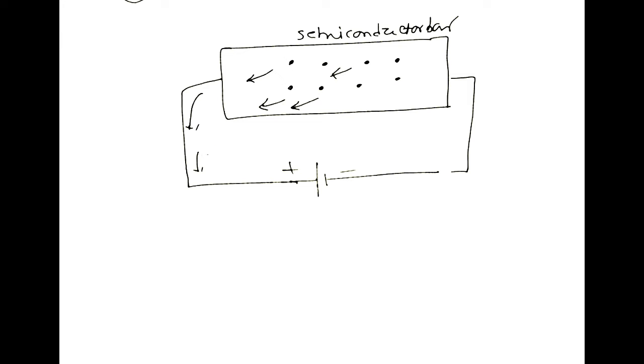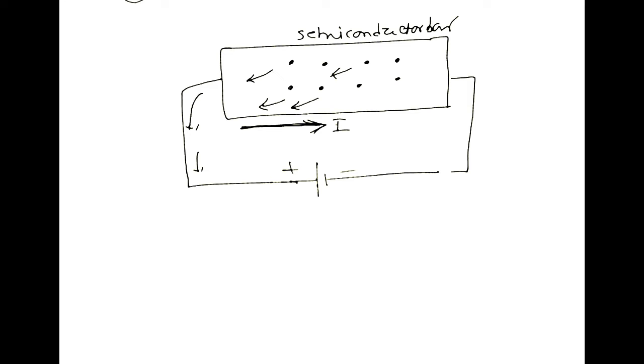Electrons are moving like this, so what is the conventional current direction? Conventional current direction is always opposite to the flow of electrons, so it is like this, conventional current direction I. Here the current is produced due to drifting of free electrons. Actually they are moving, and moving means drifting.